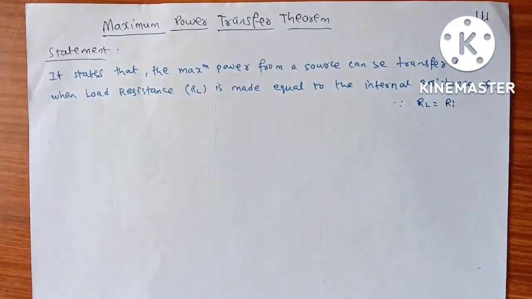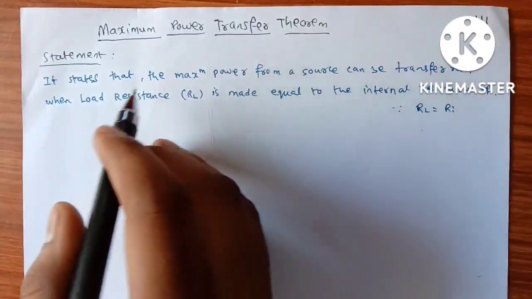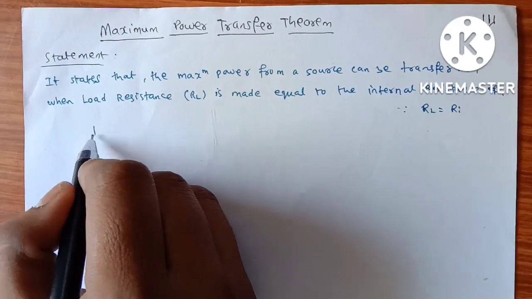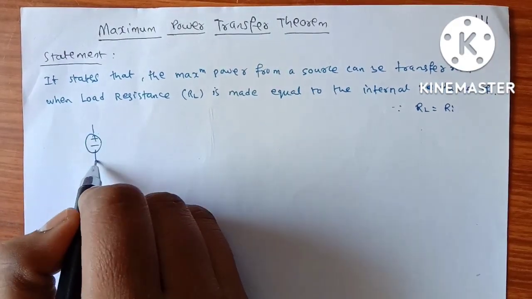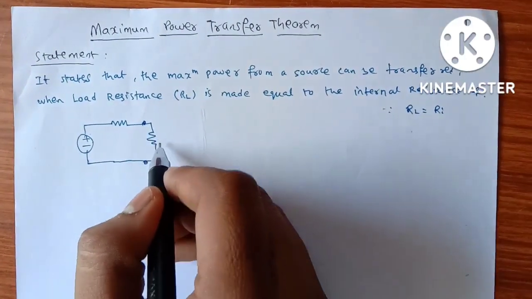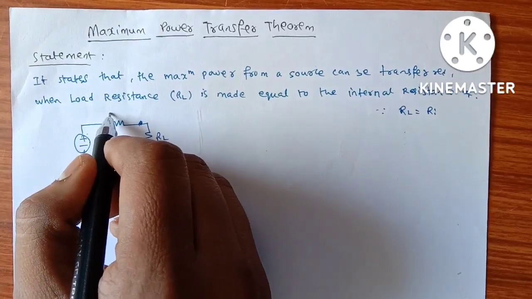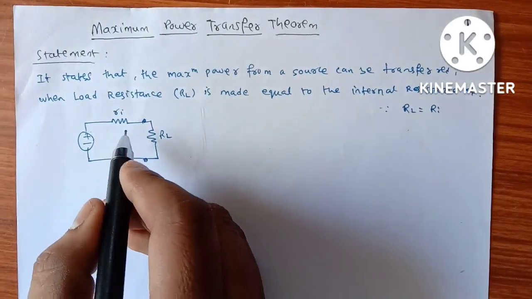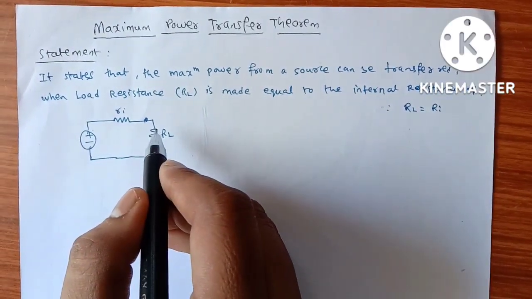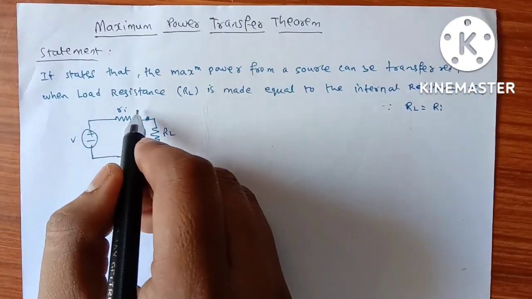Here, if we draw the circuit for the maximum power transfer theorem, then the circuit looks like this. This is RL in between these points, and this is the internal resistance or equivalent resistance, which is calculated by removing RL and which is connected to the voltage source.